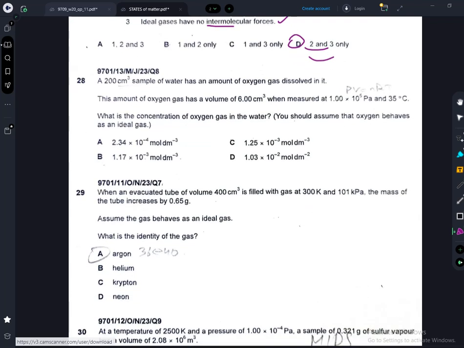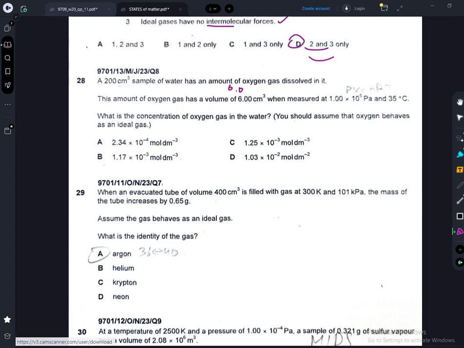So question number 28. This is again PV is equal to nRT. A 200 centimeter cube sample of water has an amount of oxygen dissolved in it. This amount of oxygen has a volume of 6 centimeter cube measured at 1 into 10 raised to power 5 Pascal and 35 degrees C. So this is 6 divided by 1000.